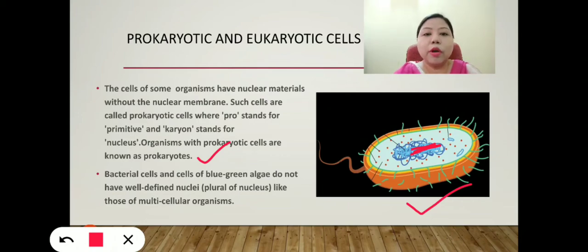Some examples of prokaryotic cells are the bacterial cell and blue-green algae. They do not have a definite, well-defined nucleus. The genetic material of these cells is not enclosed within a nuclear membrane, and that is the reason why these cells are called prokaryotic cells.